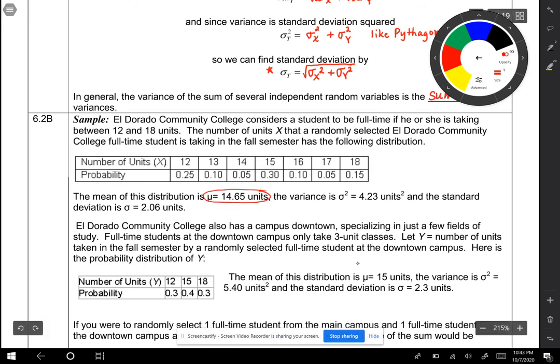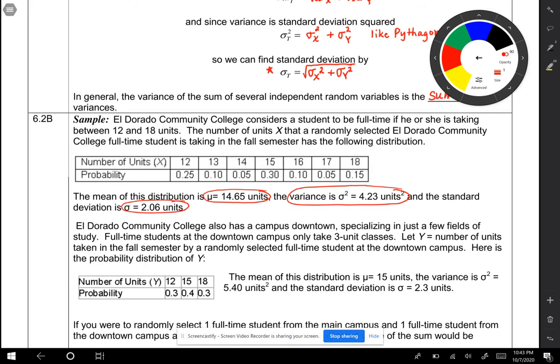The variance is 4.23 units squared, and the standard deviation is 2.06 units. Right. El Dorado Community College also has a campus downtown specializing in just a few fields of study. Full-time students at the downtown campus only take 3-unit classes.